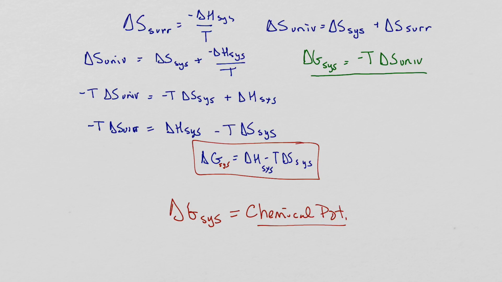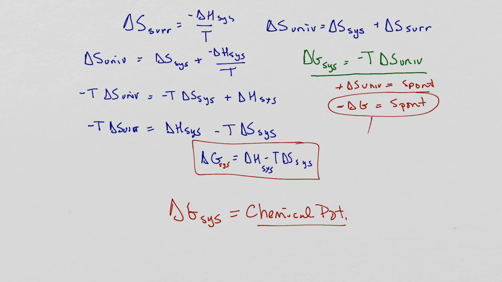And we can do it based on the enthalpy change of the system and the entropy change of the system given the specific temperature. Now, what it also tells us is that if a positive delta S of the universe equals spontaneous, then according to this relationship, a negative delta G equals spontaneity.